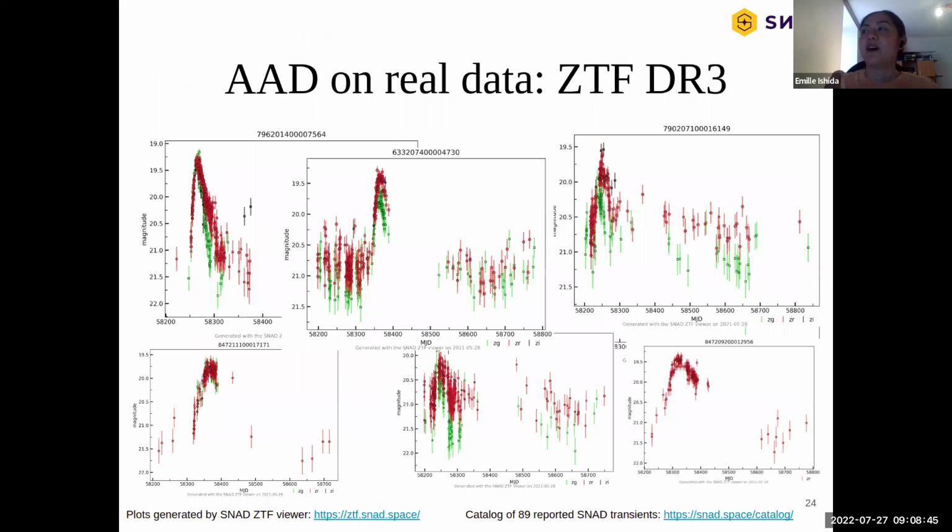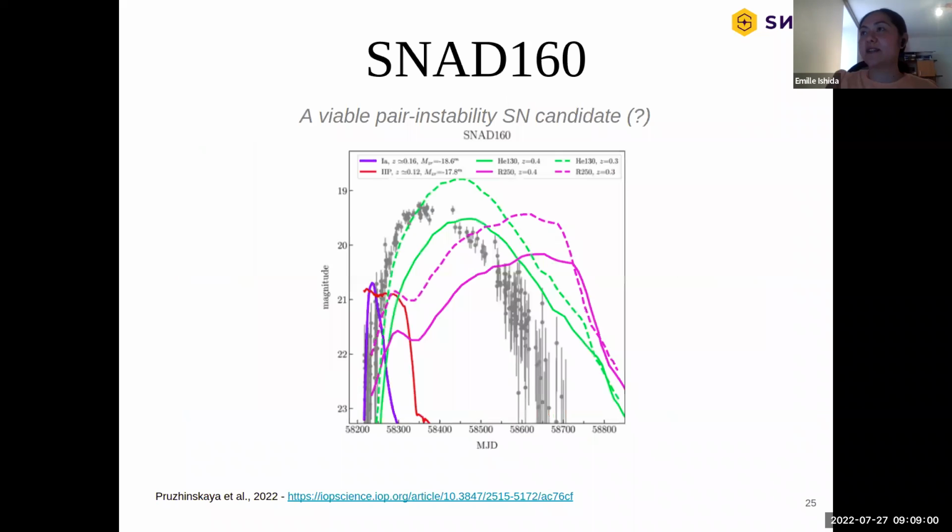So these are a few of the objects that we took all of this machinery now, and instead of applying it to the Open Supernova Catalog, applied it to the ZTF data, as Konstantin told you yesterday. So these are a few objects that are there from the ISNAD catalog, and one of them is this ISNAD 160, which is a very large superluminous supernova, which we thought was interesting to report separately.